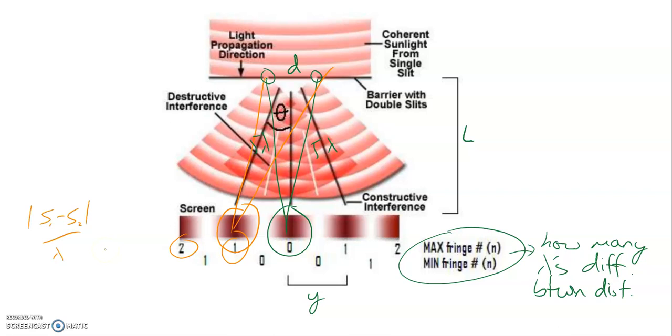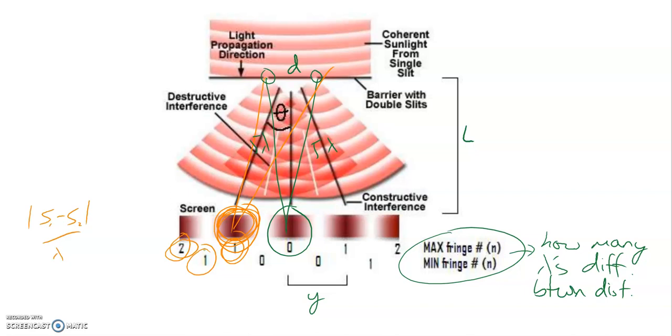If you went over here and did S1 minus S2 divided by lambda, you'd get a value of 1. If you went over here, you'd get a value of 2, and so on. If you went here, you would get 1.5 because it's at a minimum. So that's where the fringe number kicks in.